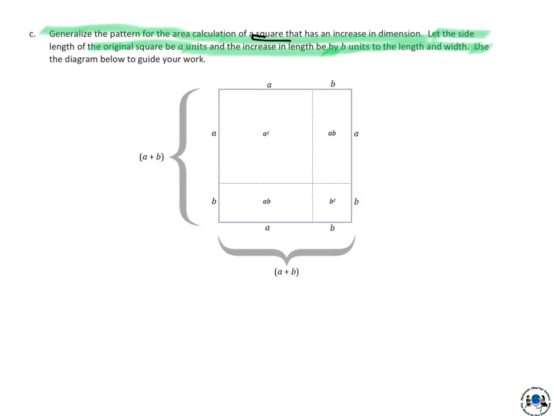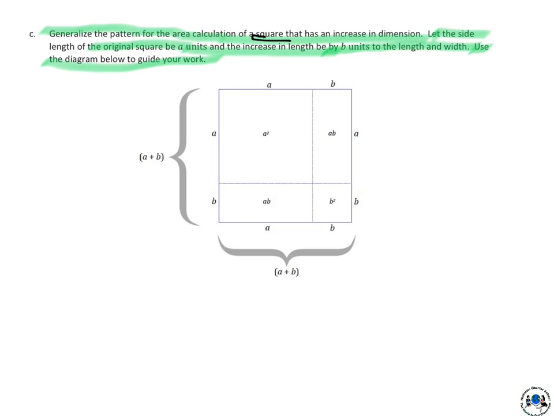Use the diagram below to guide your work. You're going to generalize the pattern for the area in terms of variables A and B, and come up with a generalized formula. Give that a whirl, see what you come up with, and then come back and check in.